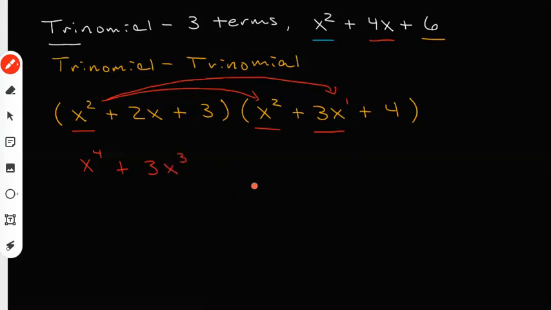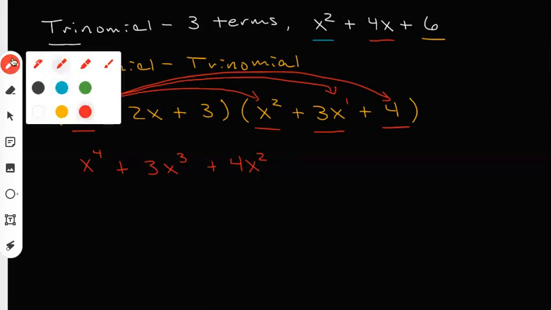And then the last thing I'm going to do is multiply this x squared by the 4 over here. That's the last term. What's x squared times 4? That's going to be 4x squared. Okay, so now we've multiplied everything by x squared.